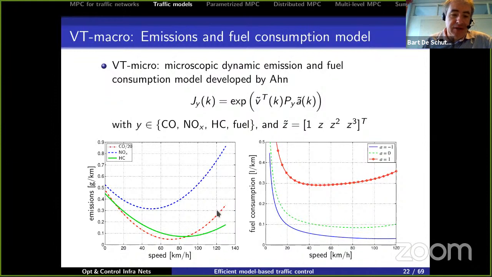We can express the emissions in gram per kilometer, and we typically always have this type of curve: at low speeds we have higher emissions, the emissions go down, and then they go up again. The same also holds for the fuel consumption or the CO2 emission, which is almost proportional to the fuel consumption. So very high in the beginning, and then they go down, and for higher speeds, they will go up again.